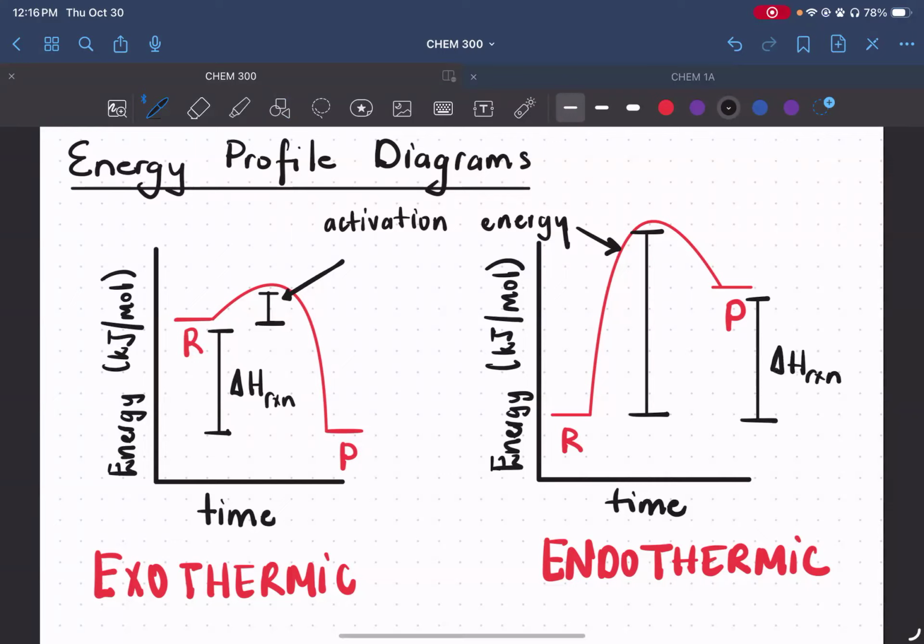The difference in energy between reactants and products. The very tip of the graph, the quite literal highest point of the graph, is known as the transition state.